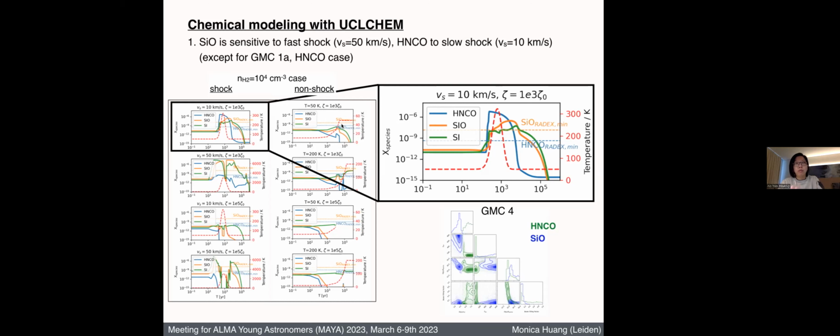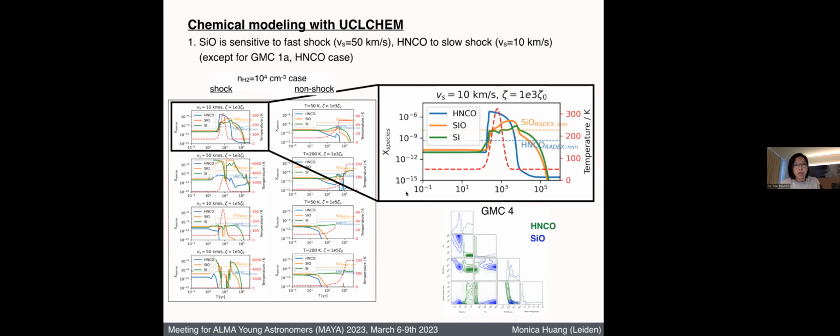So combining the pictures that these two species are tracing very different gas properties, plus they are tracing different shocks, we are starting to be able to put pieces together. In essence, from our analysis so far, for our observed HNCO and SiO, we require shocks, but a different type of shock for each species.